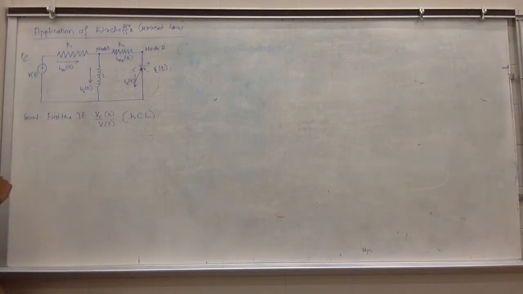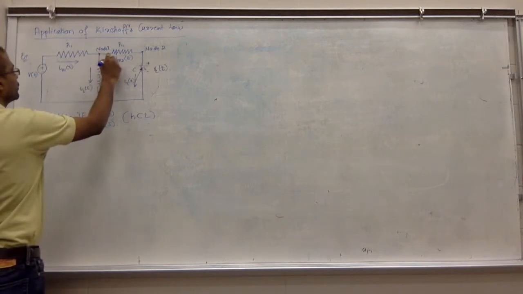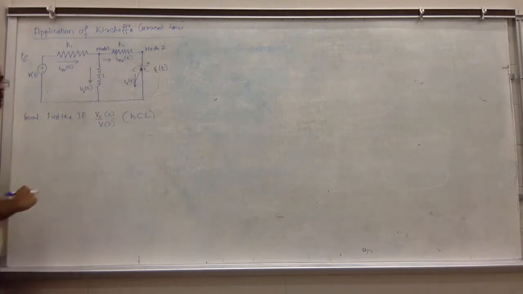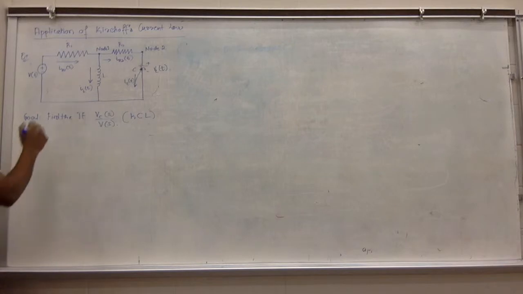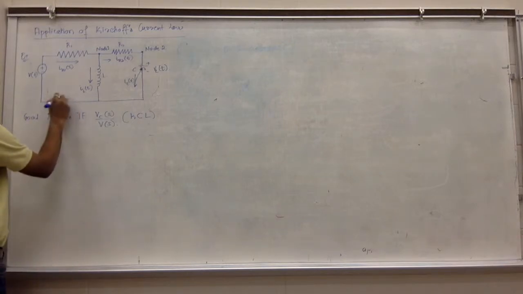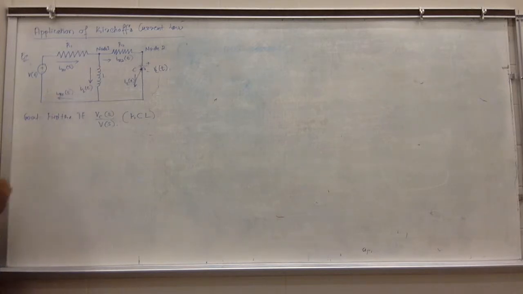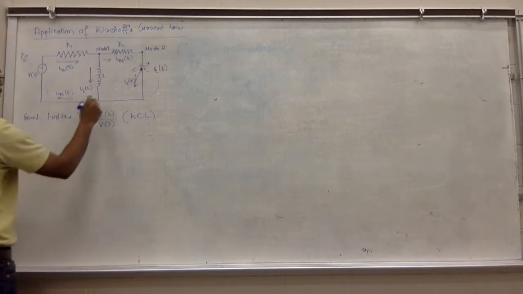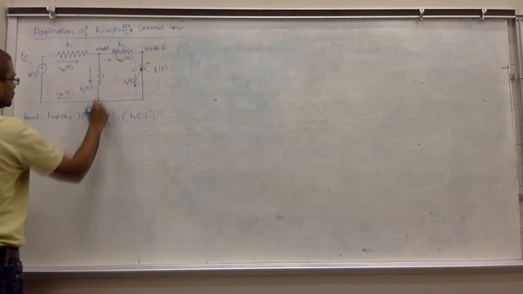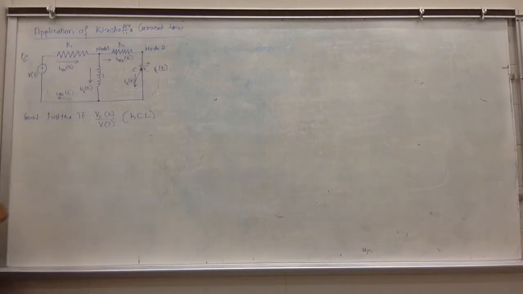The current for R2 is going to the right, in this direction. So what is the current going through here? It will still be IR1. You can always say this is node 1, node 3, but you don't really need that for now.